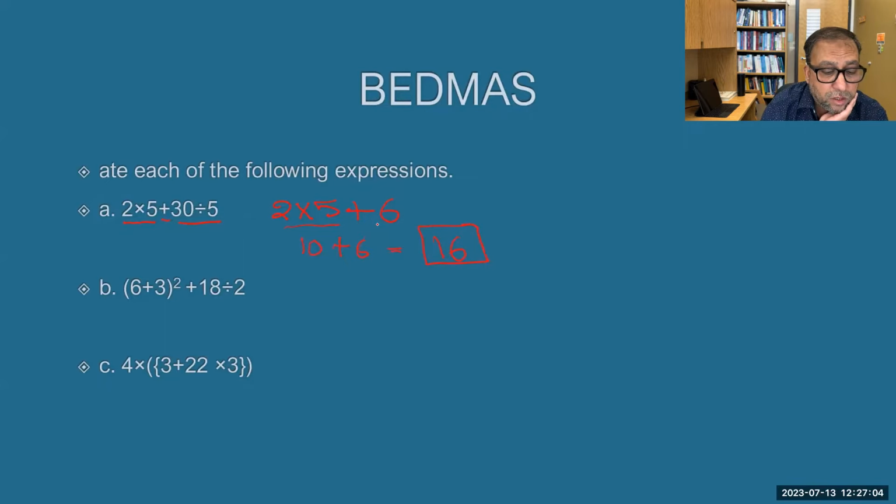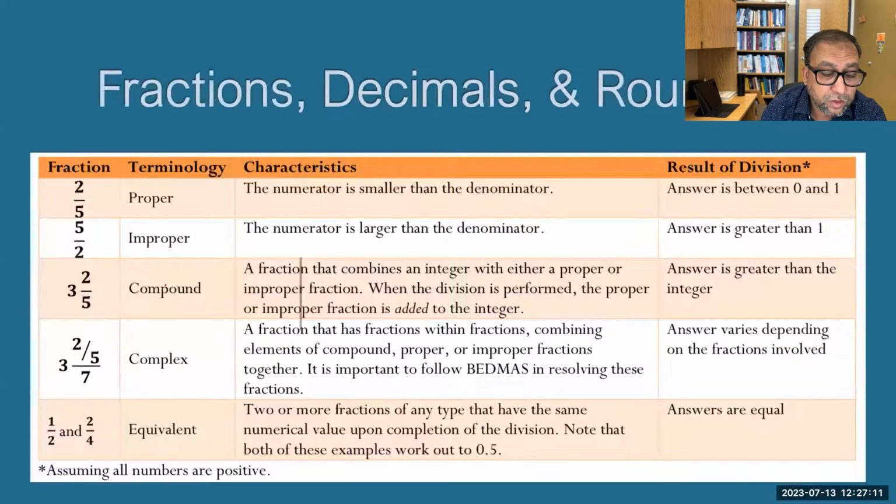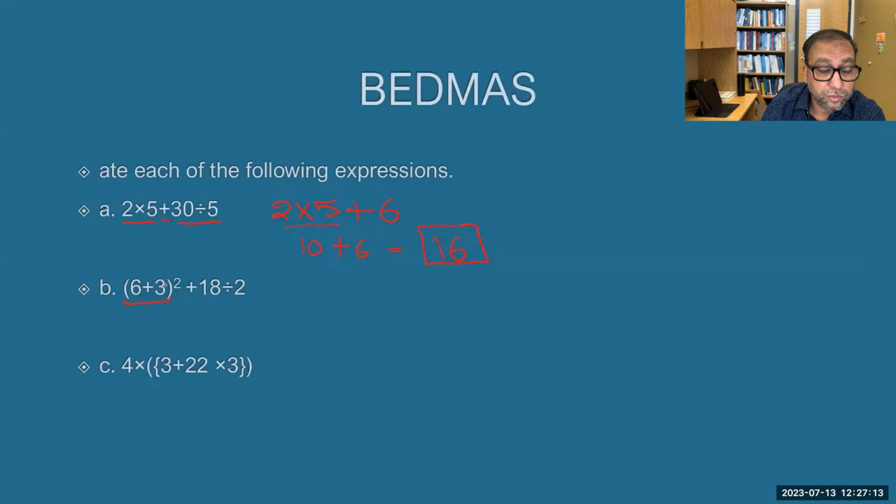Similarly, if you look at the second one, according to BEDMAS, first we have to solve the brackets, then the exponent, then division, and then addition.